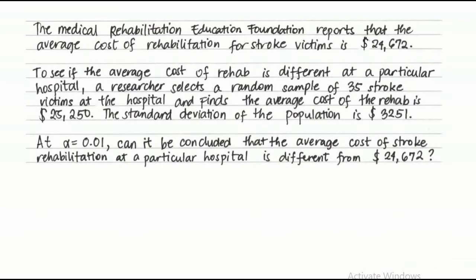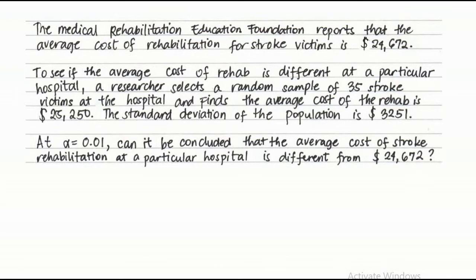Third problem. The Medical Rehabilitation Education Foundation reports that the average cost of rehabilitation for stroke victims is $24,672. To see if the average cost of rehab is different at a particular hospital, a researcher selects a random sample of 35 stroke victims at the hospital and finds the average cost of the rehab is $25,250.